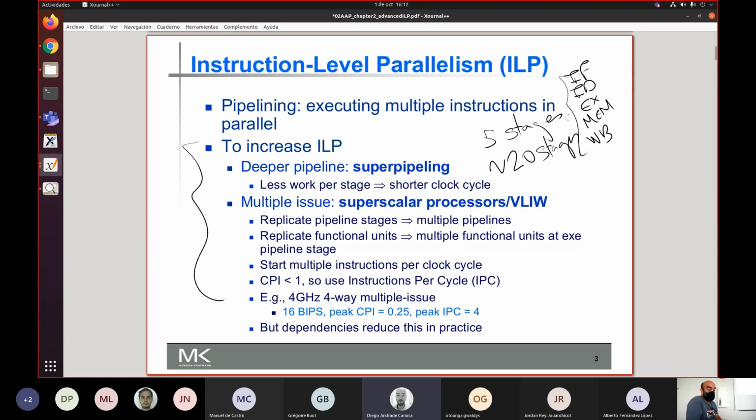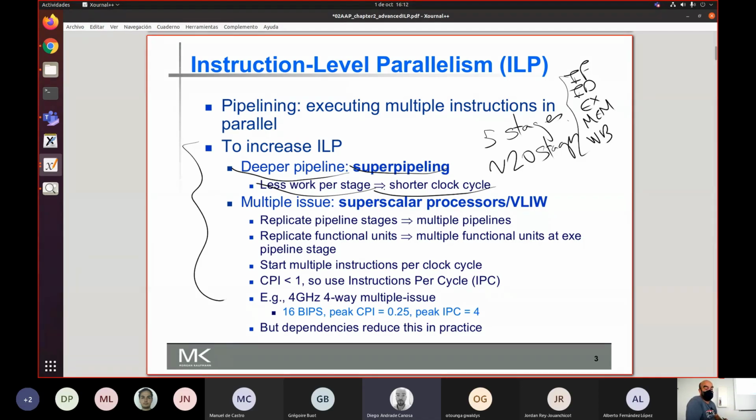So this idea of creating more stages during the execution of an instruction is called deepening the pipeline, okay, creating a longer pipeline, and it is also referred to as superpipelining. Okay, so as we are doing a more atomic work per stage, this is going to allow us to shorten the clock cycle, the duration of the clock cycle.